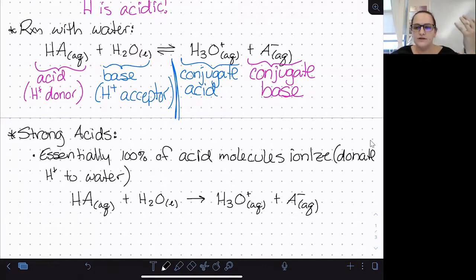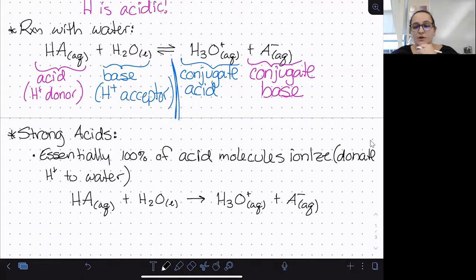That we can treat this like a situation where we are going to completion, we are completely consuming our limiting reactant. Technically, it's reversible, but the value of the equilibrium constant is in the like millions, billions, trillions kind of territory, is large enough that we can consider all of our reactant to have been completely consumed.